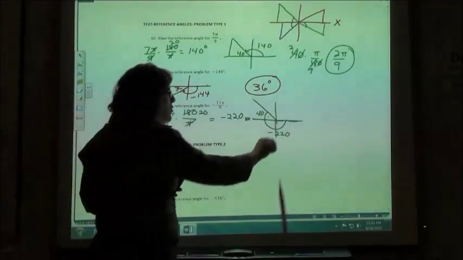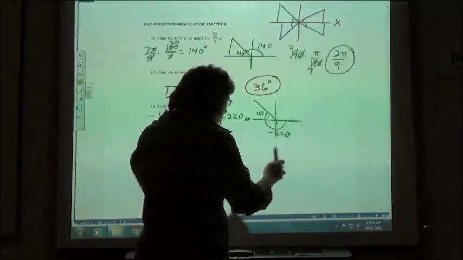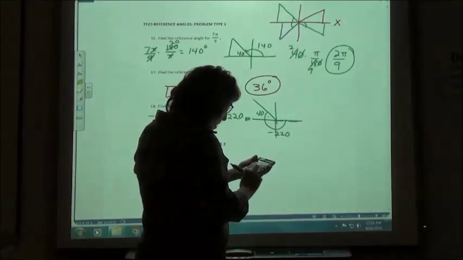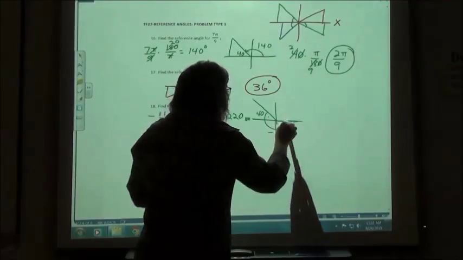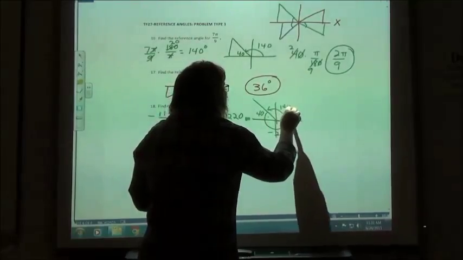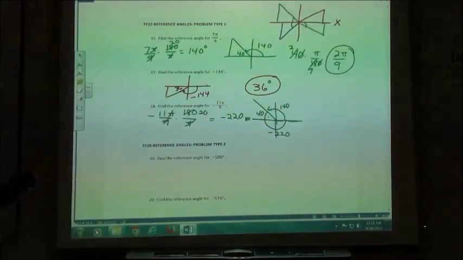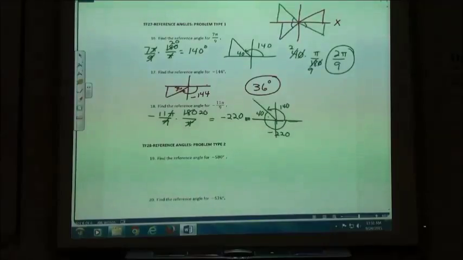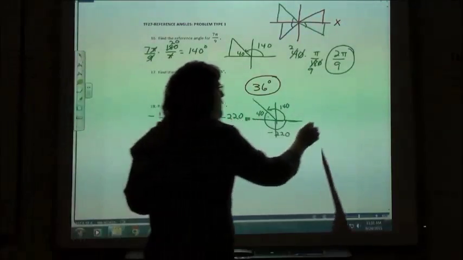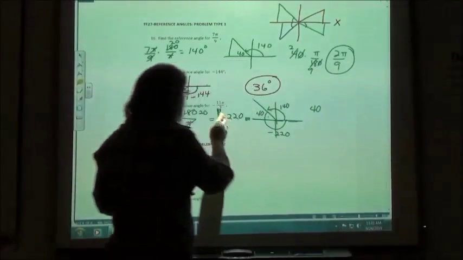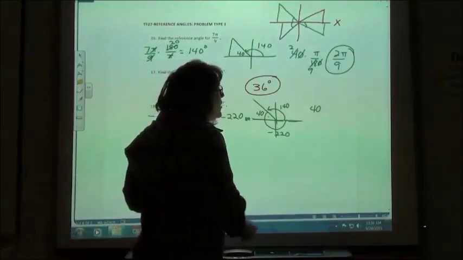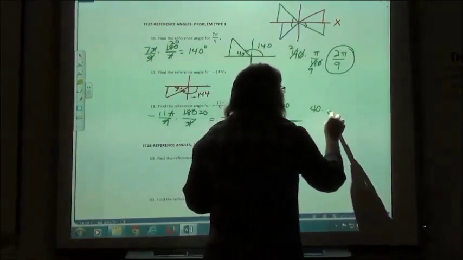The other thing you can do is, if this is negative 220, take 360 minus 220, and this angle here ends up being 140. Right? And so, again, we have that 40 degree angle, but since this was in radians, we've got to convert that to radians, which we did up there, but we'll do again.